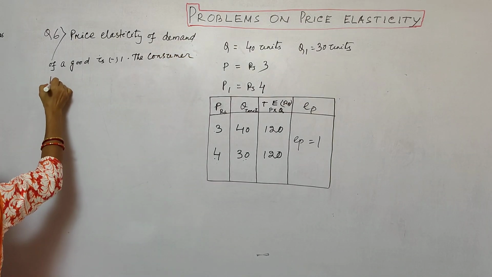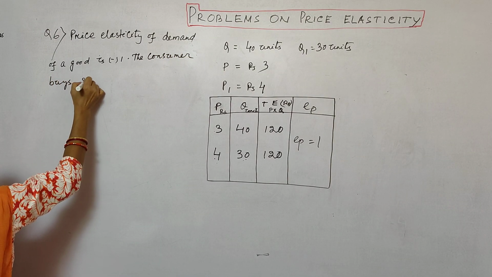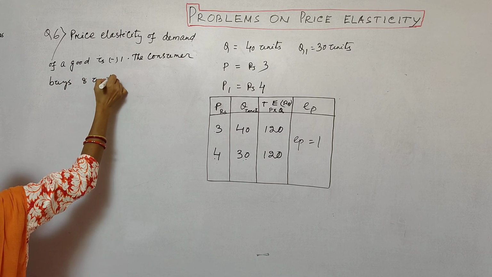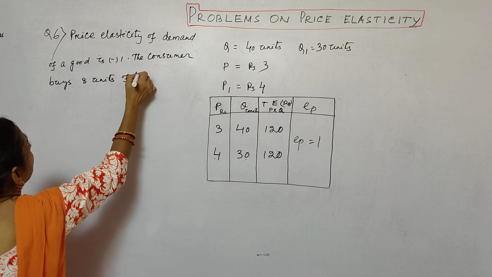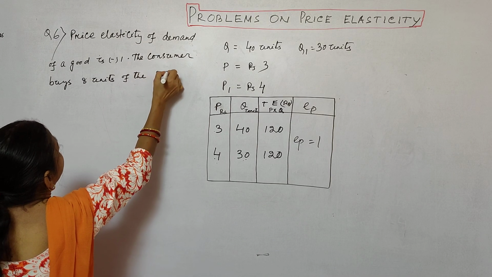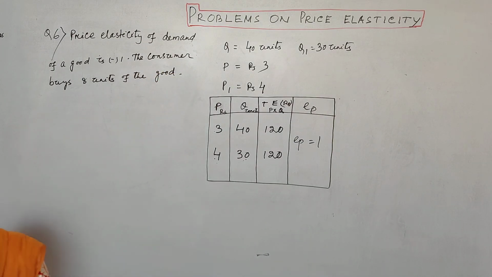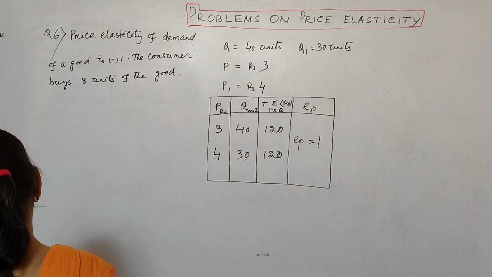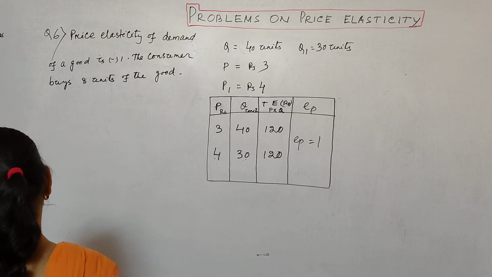The consumer buys 8 units of the good when its price is rupees 7 per unit.